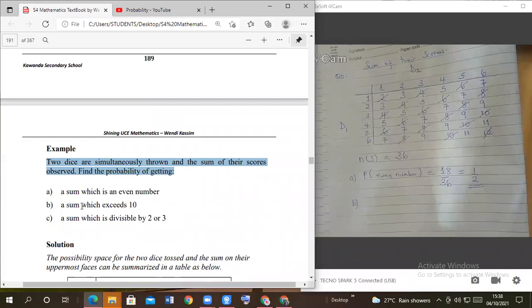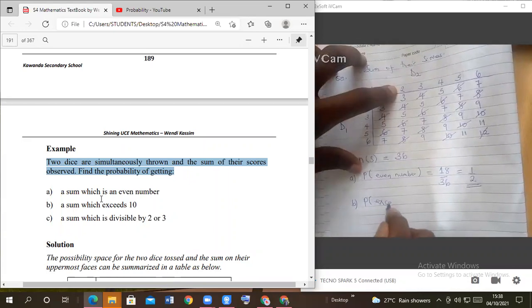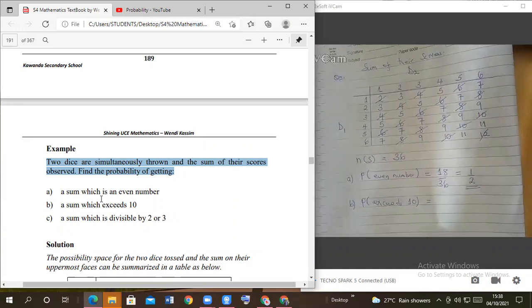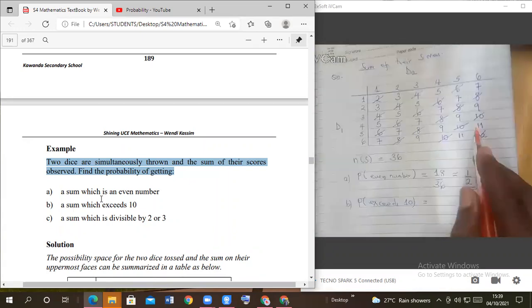Part B. They want a sum which exceeds 10. So you have to look for a number which is greater than 10. Exceeds, which means 10 and above. Should 10 be inclusive, members? No. So we have 11 and 12.